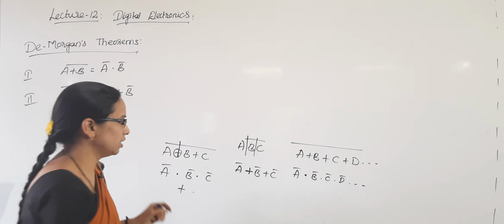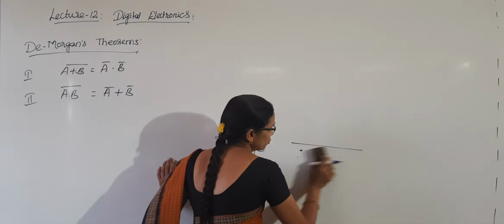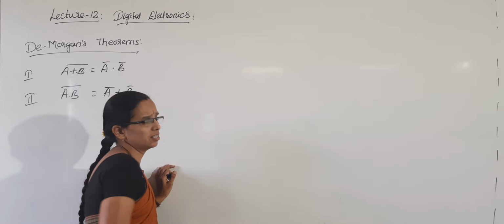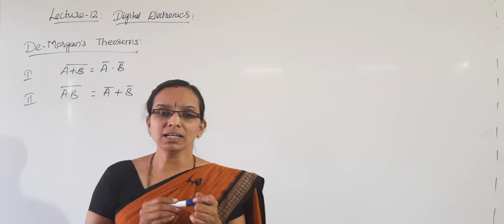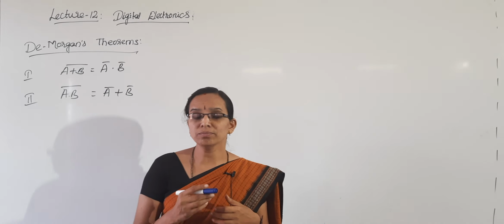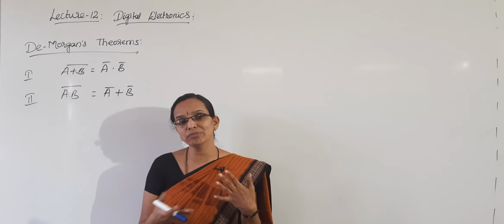In your further studies, in your engineering studies, if you go for either computer science or electronics engineering, you are going to study digital electronics again. In that, you may have to work with more variables, maybe 4 or 5 variables.